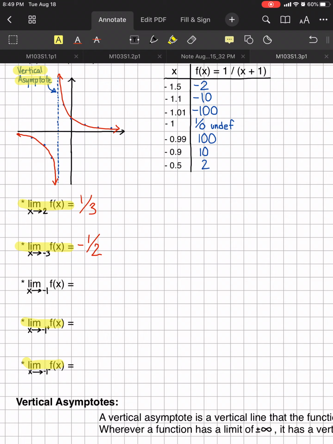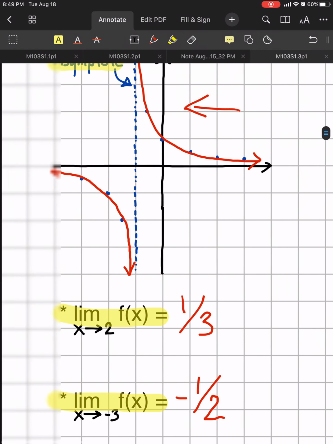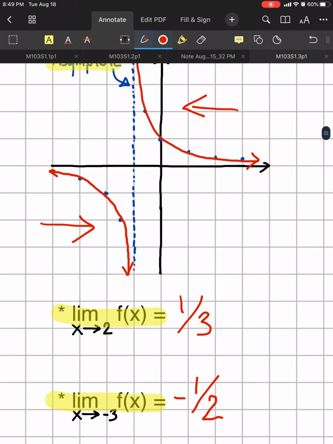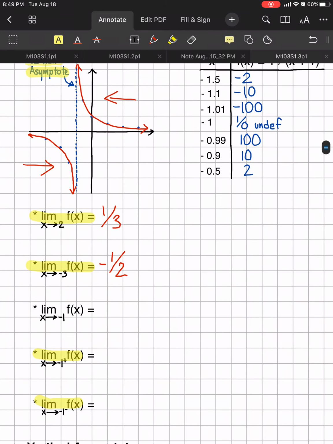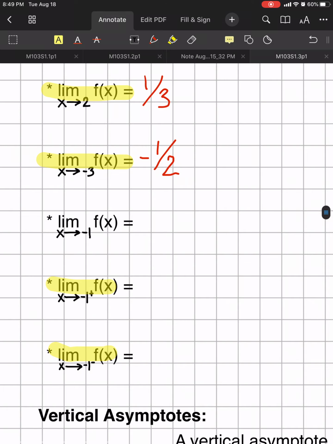Because as you can see from the graph, what happens as we go toward -1 from the right is different from what happens as we go toward -1 from this direction, right? You can see that where the function is going is different in both directions. So we should have different answers here.